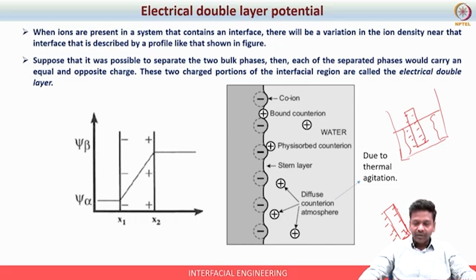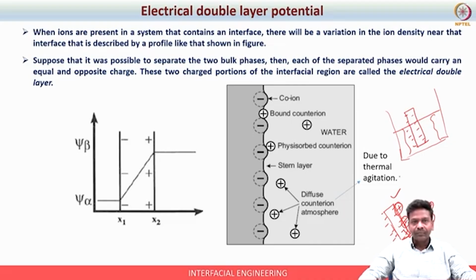You will have a strongly bound counterion, or a weakly bound counterion, or diffuse counterions. The diffuse counterions are held by electrostatic attraction, whereas the strongly bound ones are also held by electrostatic attraction, and the weakly bound counterion is attached to the surface by physisorption, which is weak.